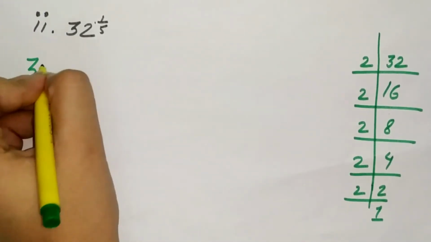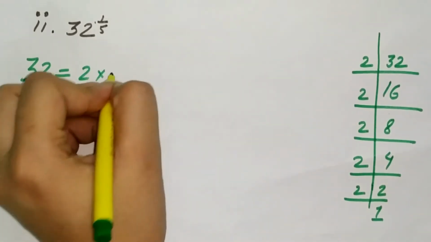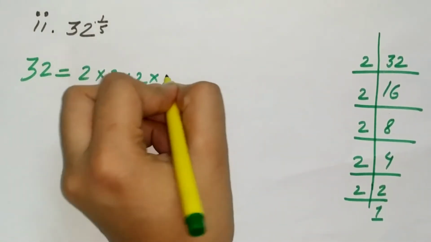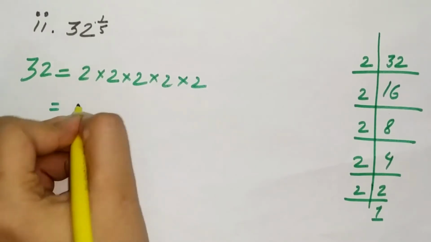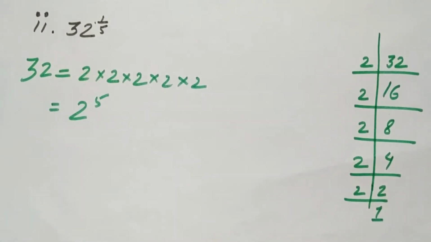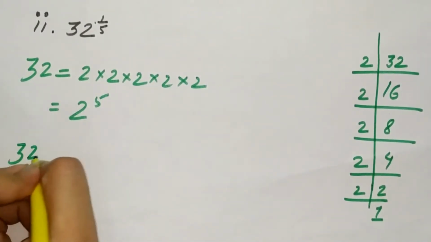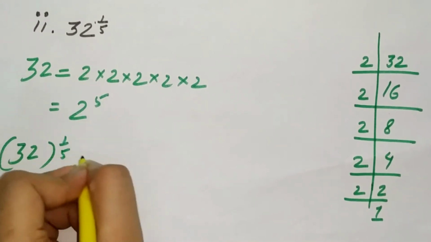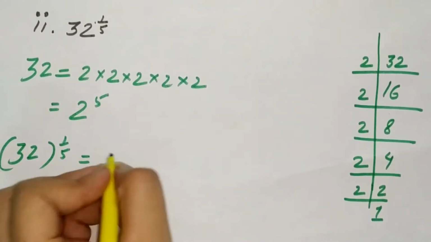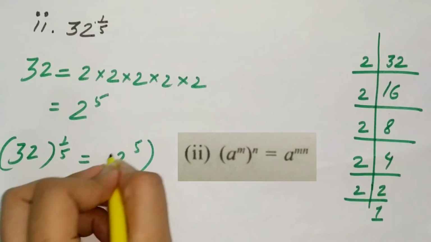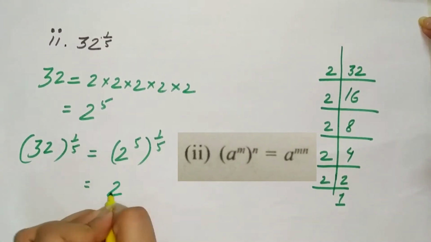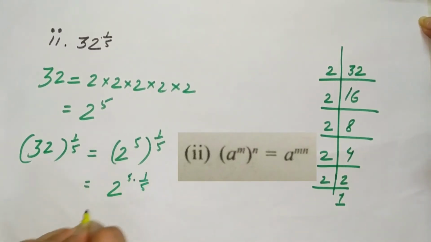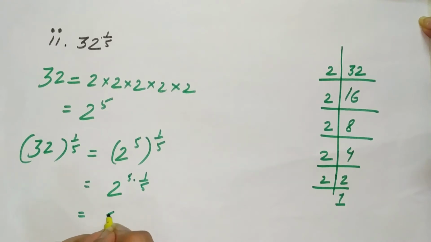So 32 is equivalent to 2 multiply 2 multiply 2 multiply 2 multiply 2 or 2 raised to the power 5. So 32 raised to the power 1 by 5 can be expressed as 2 raised to the power 5 multiply 1 by 5, which is equivalent to 2.